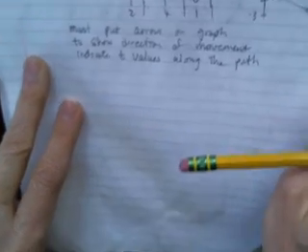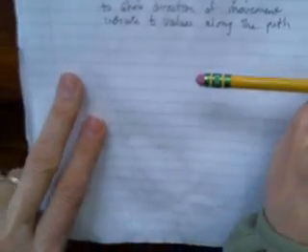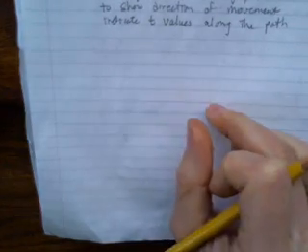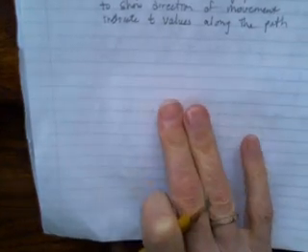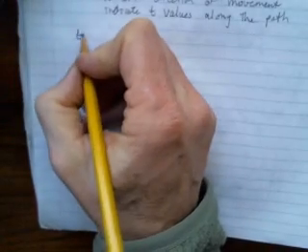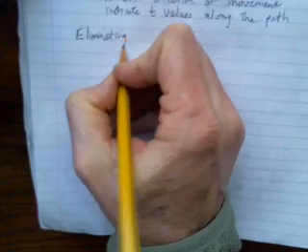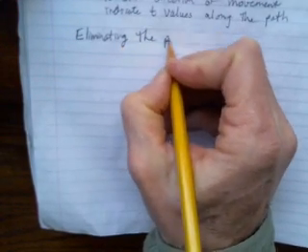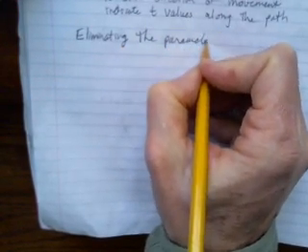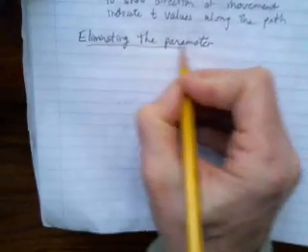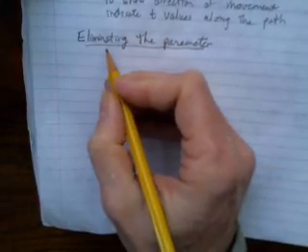All right, the next thing I'm going to show you about parametric equations, because it really doesn't get much more complicated than that, is I'm going to show you how to do something called eliminate the parameter. All right, eliminating the parameter.